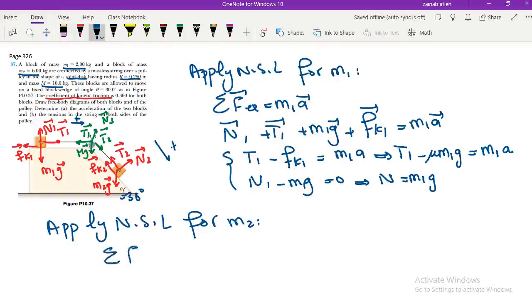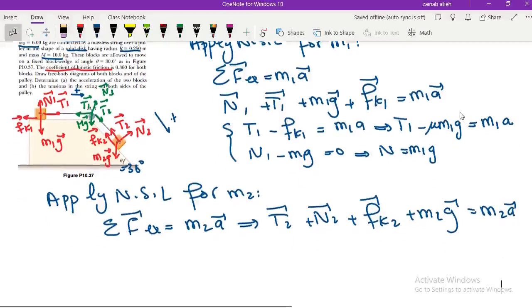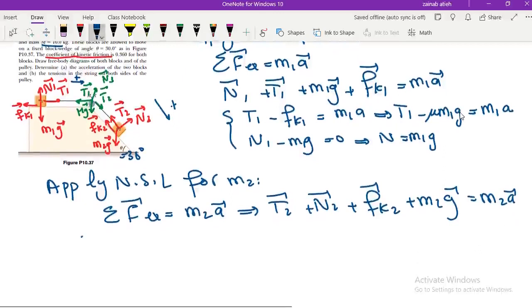I will get the sum of forces acting on M2 equals M2A. I've got 4 forces: T2, N2, kinetic friction and weight, which are equal to M2A. Now everything along the positive direction will equal M2A, and everything perpendicular to the direction of motion will equal 0.